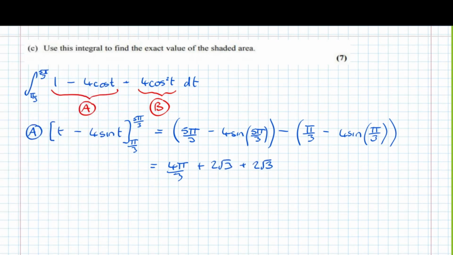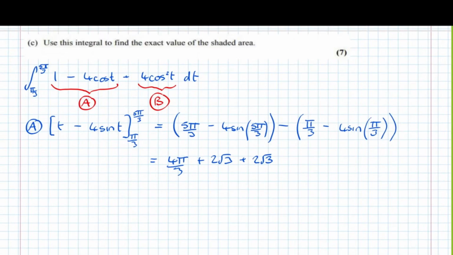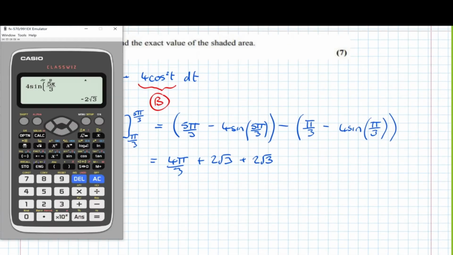So minus, minus 4 sine of 5/3 pi. Maybe avoid confusion, would be positive 2√3, so plus 2√3.